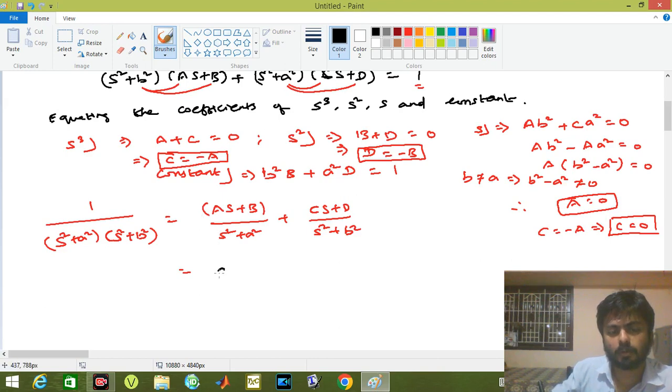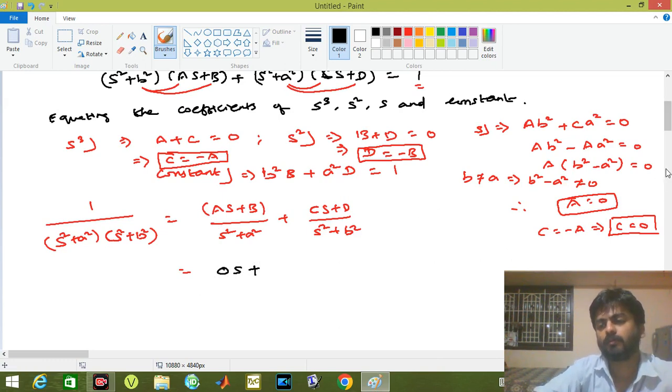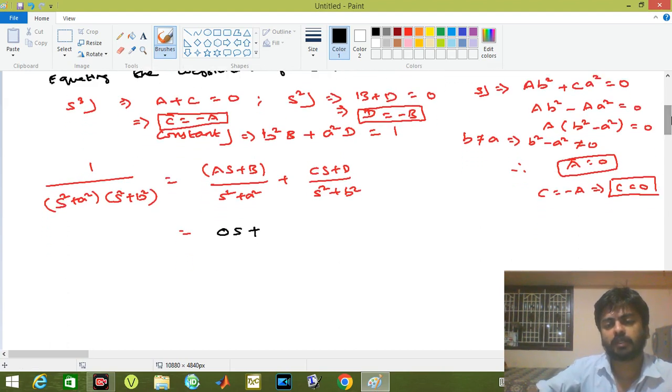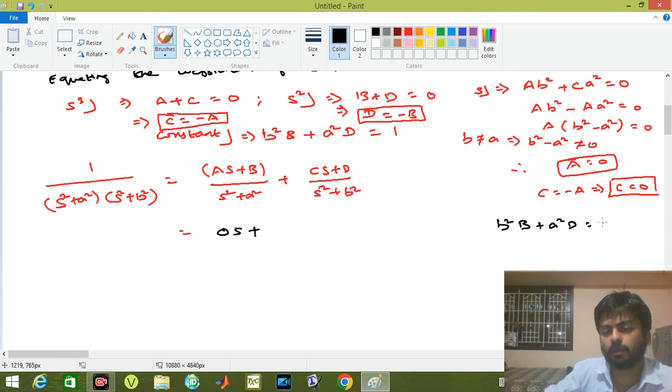So you will have 0s plus b. You have to find the value of b. So how to find the value of b? The value of b can be given by the constant. From the constant you can have b square b plus a square d equal to 1. Here you can have b square of b minus a square of b equal to 1, because d equal to minus b.